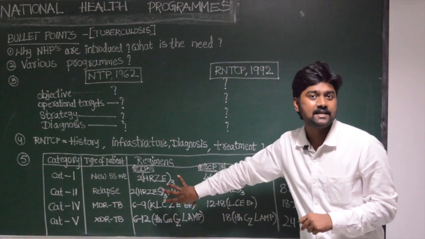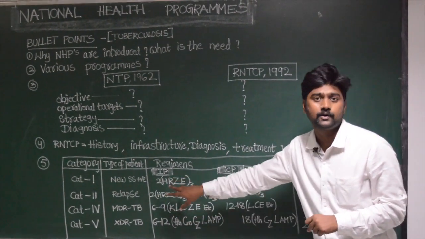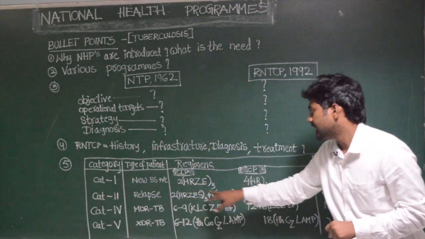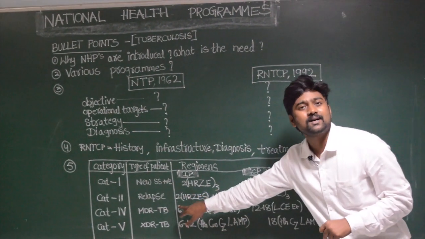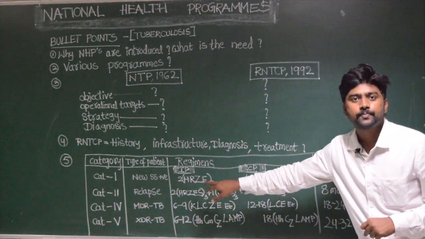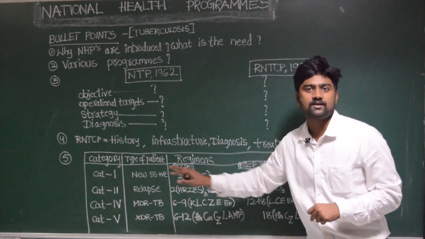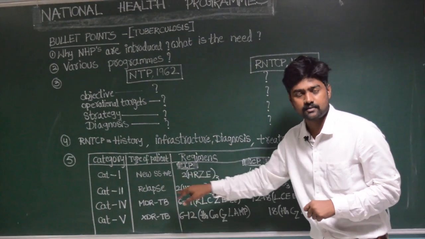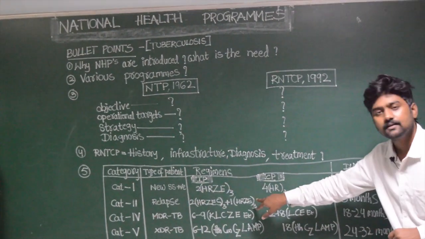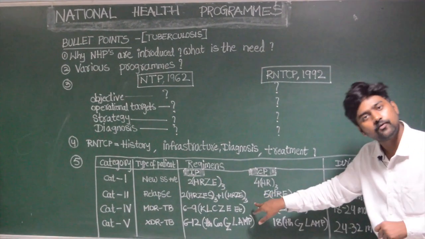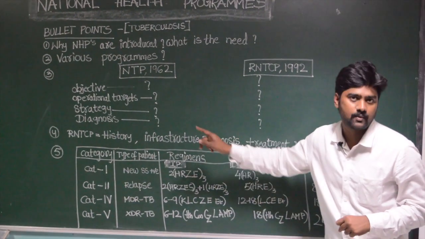The 3 months of initial phase is again divided into 2 months and 1 month. In the 2 months, all the 4 drugs are repeated, plus streptomycin added twice a week, I mean thrice a week. Whereas in the next month, the 4 drugs are repeated as in category 1.